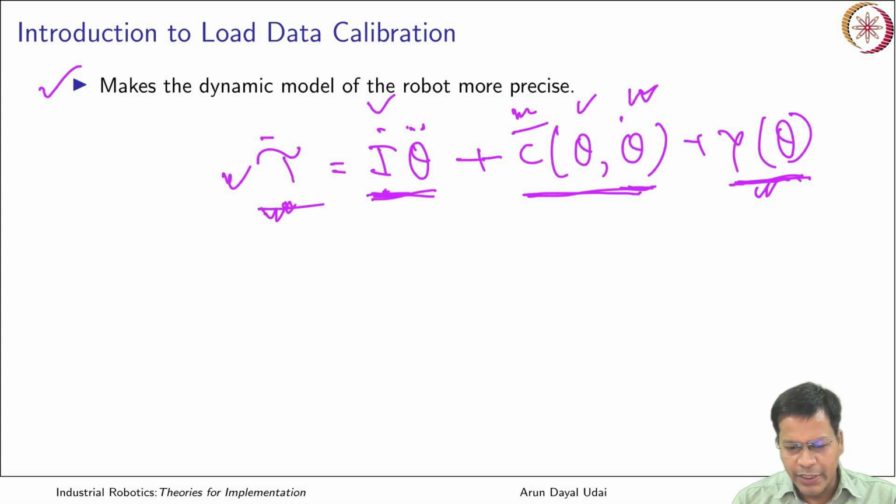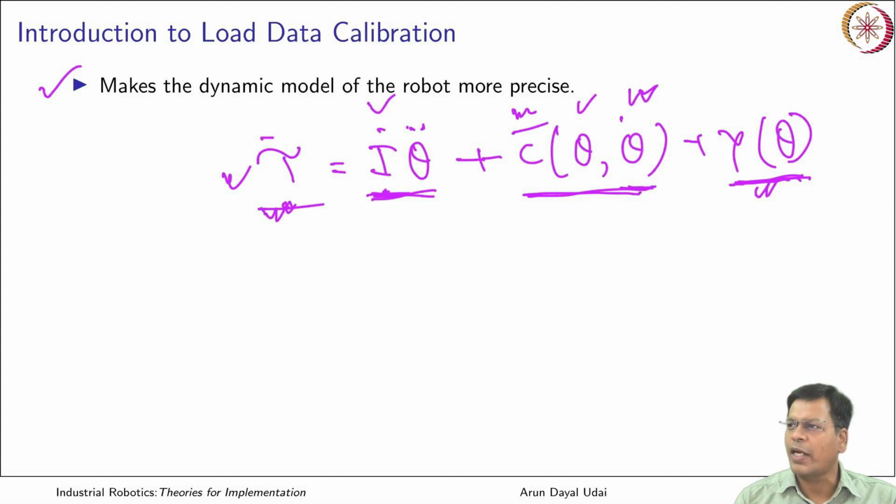Knowing these values more precisely will help you communicate to your controller about your robot itself, because the controller runs in a closed loop. It also continuously tracks the errors in the trajectory.